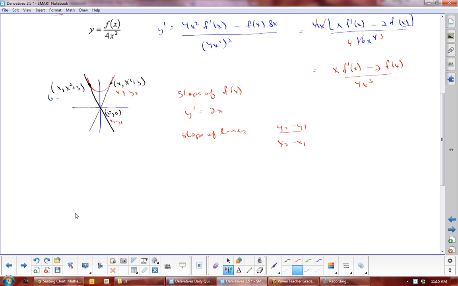That's your slope formula for a line. We have the slope formula for a curve is 2x. Slope formula is just rise over run. So the y's would be x squared plus 3 minus 0 over x minus 0, which is just x squared plus 3 over x.